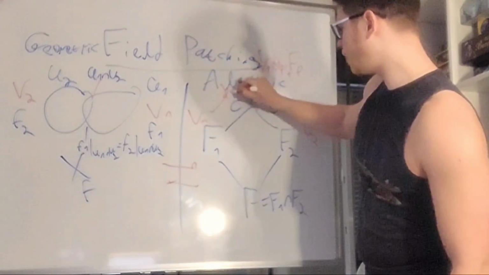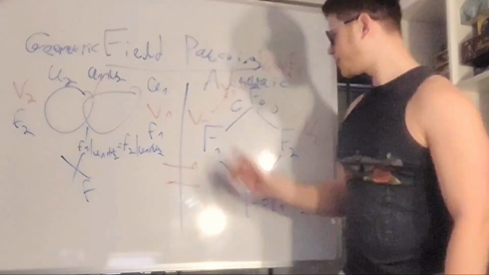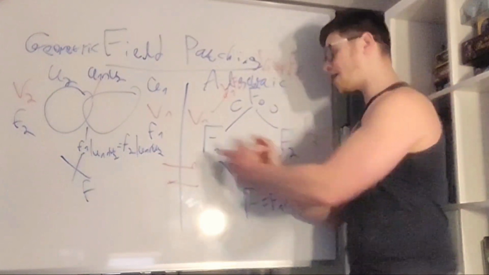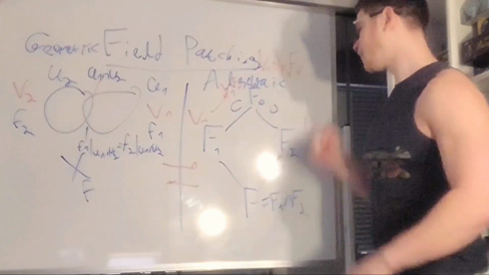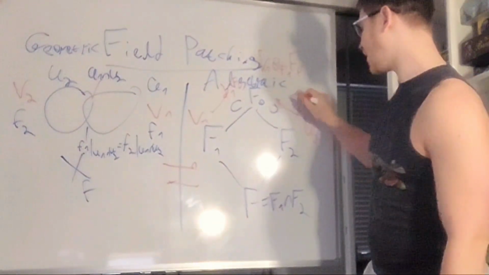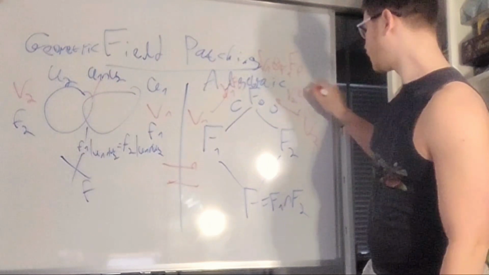Let's call this V1 tensor F0. So we have some way of extending, here by the tensor product, if you know what that is. If not, it doesn't matter. And we have some way of extending V2.